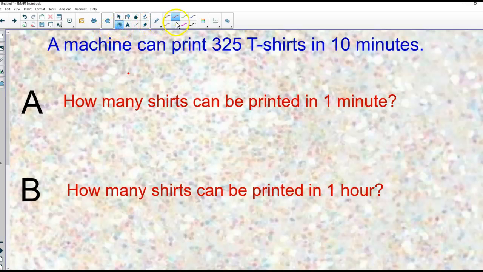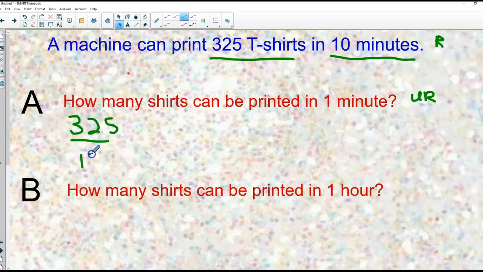If it is printing 325 t-shirts in 10 minutes, that is a rate, right? Because it is about more than one. We need to figure out the unit rate. So you're just going to do 325 divided by 10.